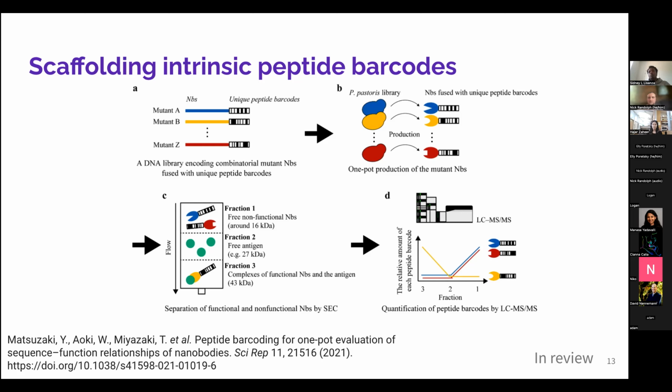But if you have the binding of the antigen by the antibody, then, sorry, they're going to elute earlier because they're bigger. You can take each of those fractions coming out of SEC and run them through mass spec, at which point you can pinpoint the functional design dependent on the elution fraction.